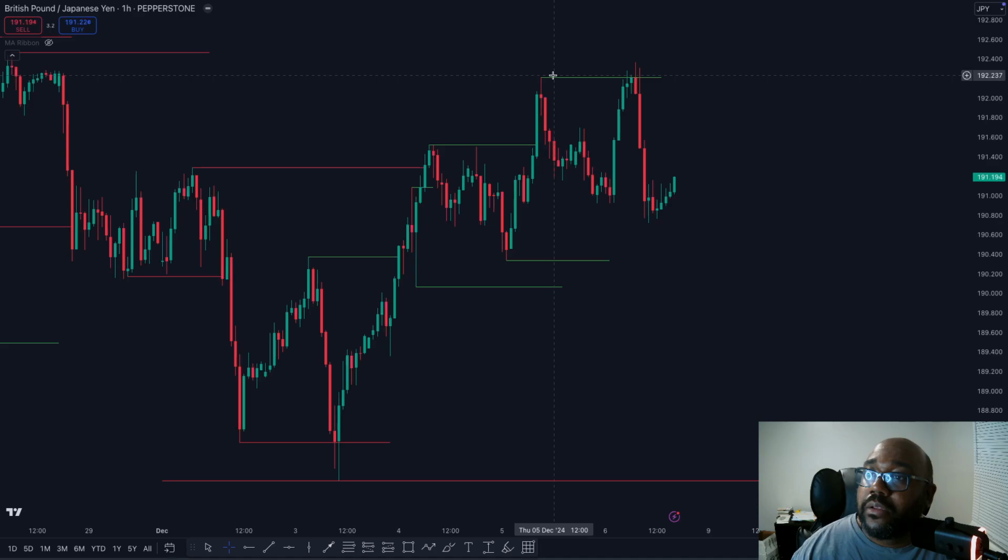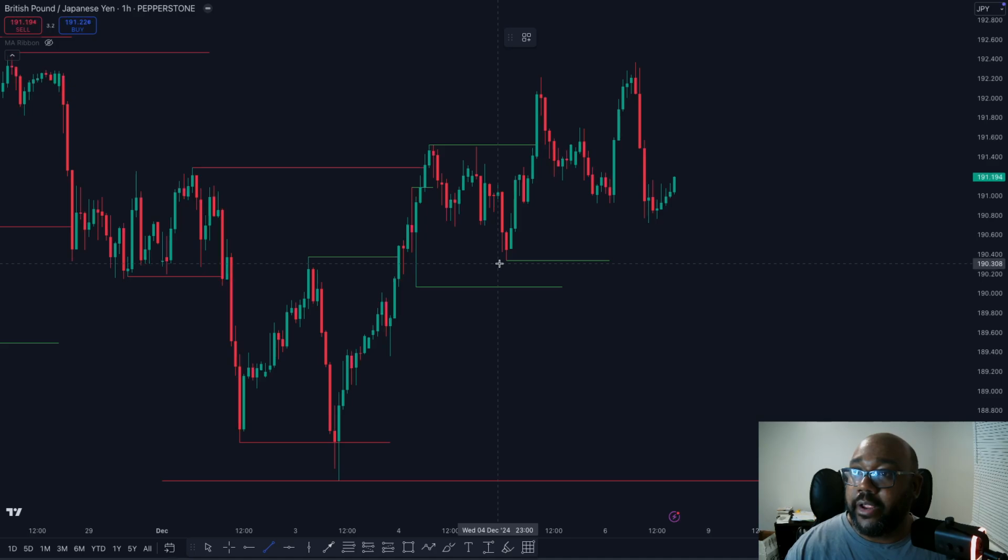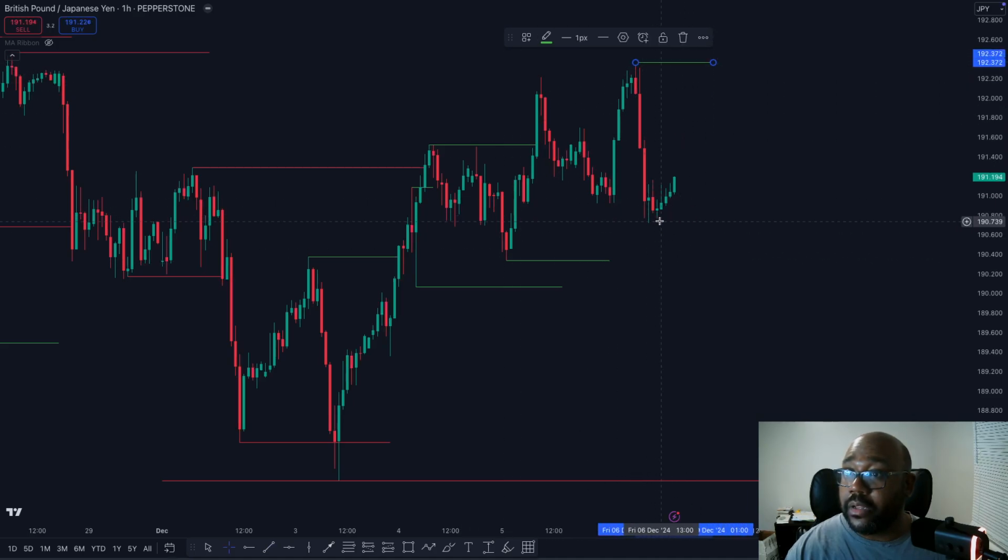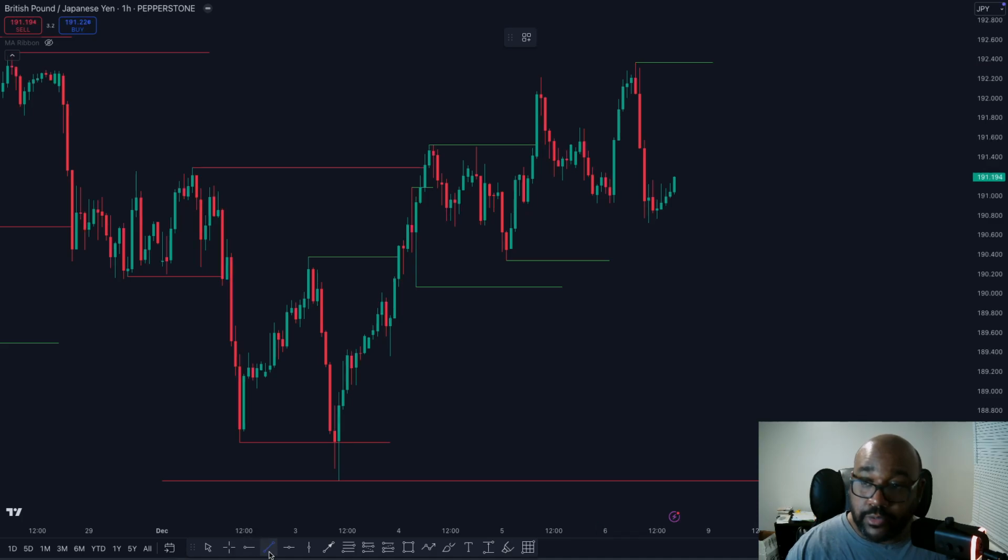Okay. So we didn't break it, but we went down lower. So that means we gotta change the high. It's this. It's from here to here, and this is the low, because it still didn't break any of these lows.